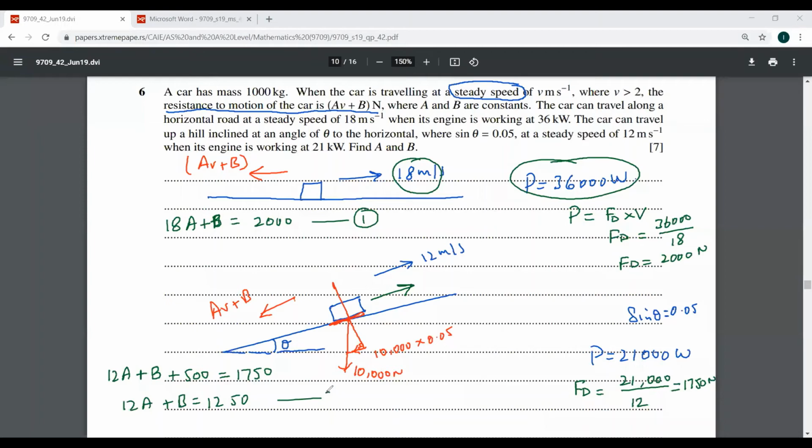So guys, these are the two equations. Please solve them simultaneously and tell me what you get. What are the values of your A and B? After solving them simultaneously, please tell me what you get.